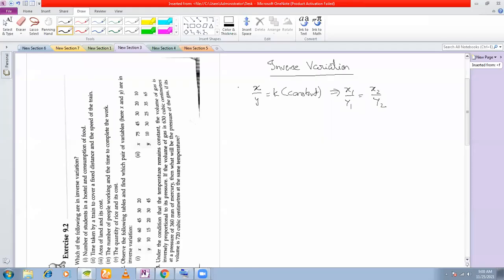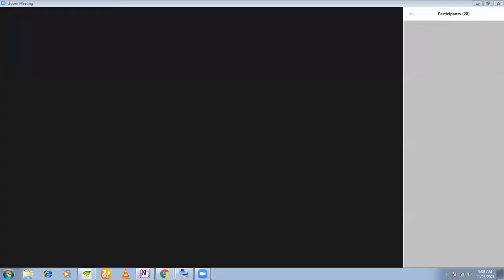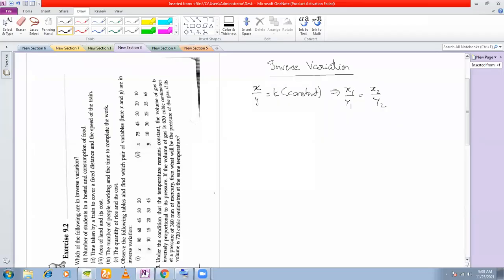Okay. Now, what about inverse variation? In case of inverse variation, you will have xy is equal to constant. Okay.